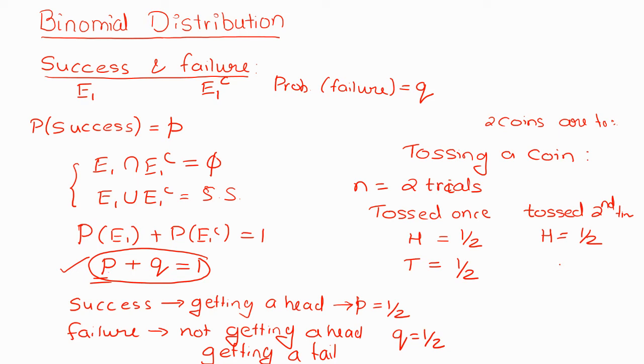What is the probability of not getting a head? The probability of getting a tail, that is q, is again half. So my p and q are not changing when I am tossing the coins. Even if I toss a coin a third time, my p and q will remain the same.